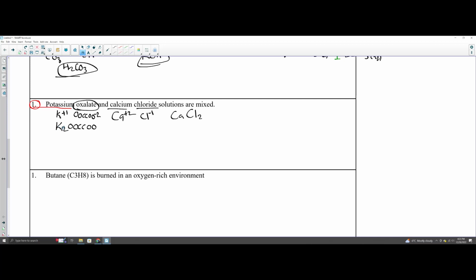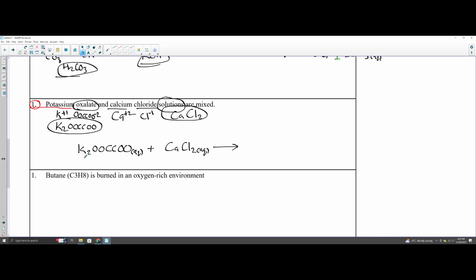Okay, now that we've made our reactants, let's put them together. Let's check if these are aqueous or solid. Actually, it says they're aqueous here. It says solutions, so we don't really need to check. Those are going to be aqueous and aqueous.